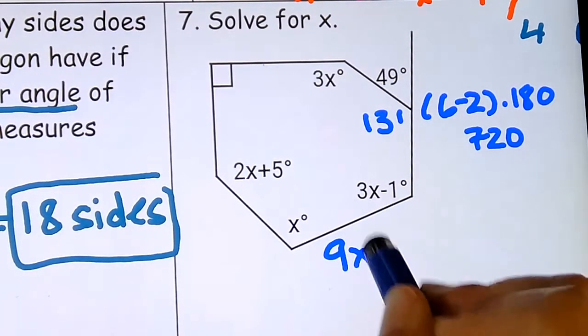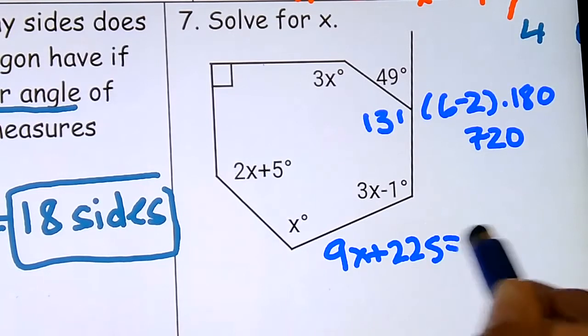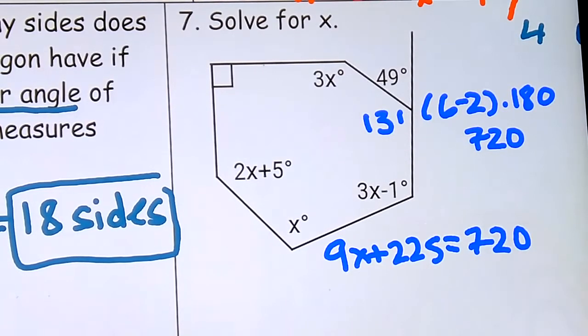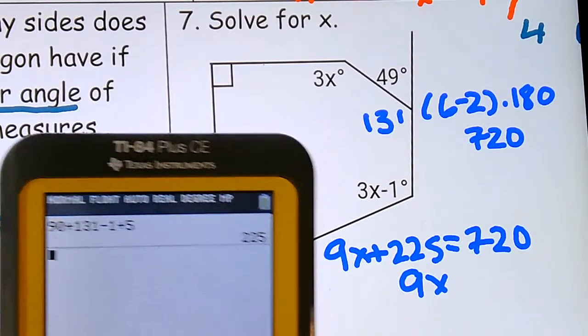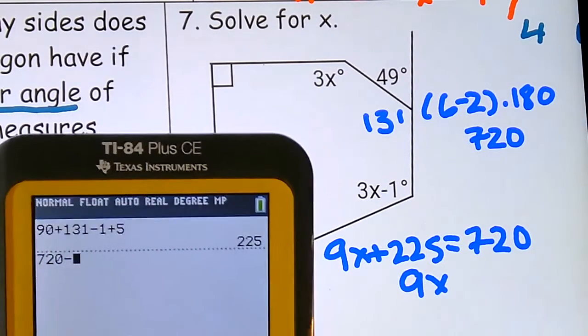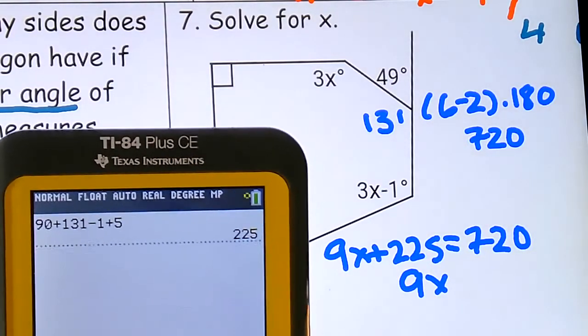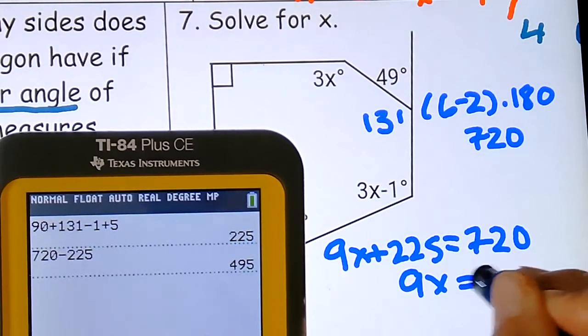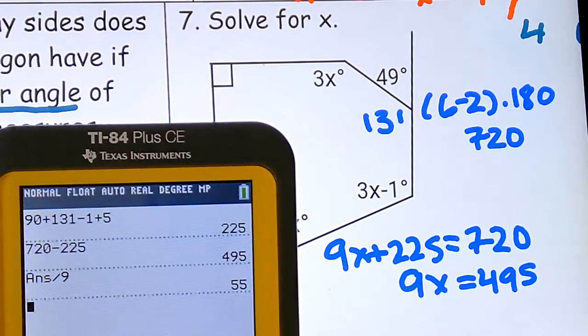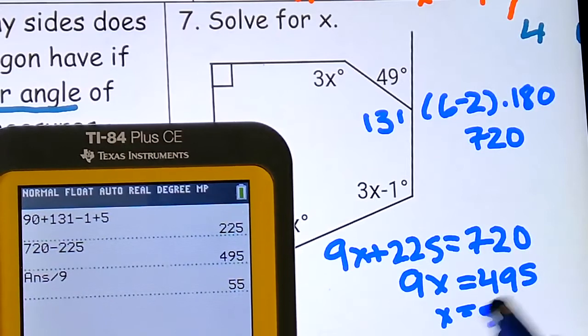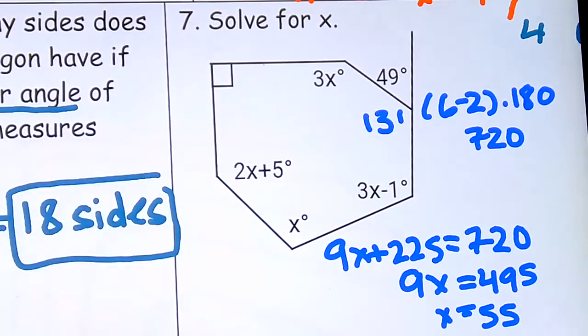So 9x plus 225 equals 720. And I'm going to solve. So I'm going to subtract 720 minus this. And I get 495. I'm going to divide by 9 and I get 55. 55 degrees.